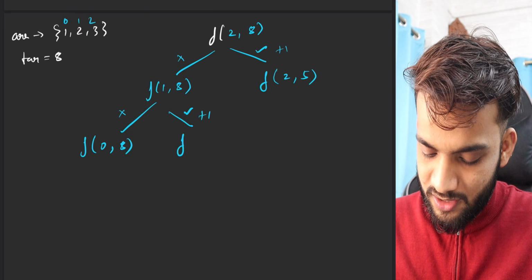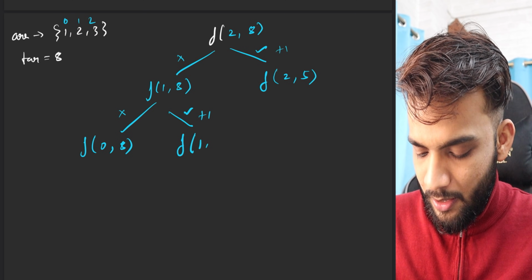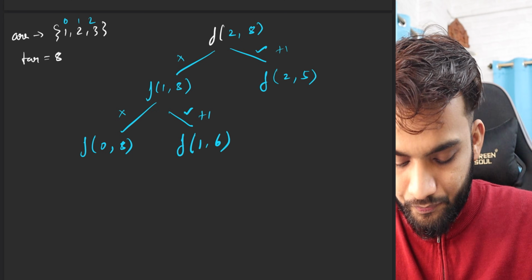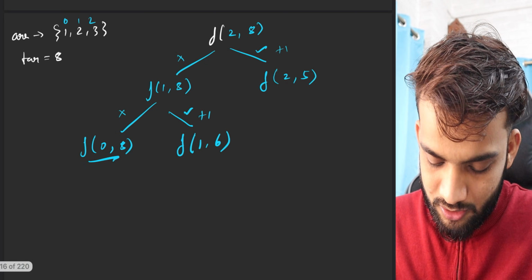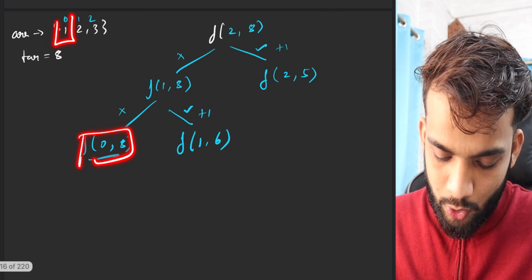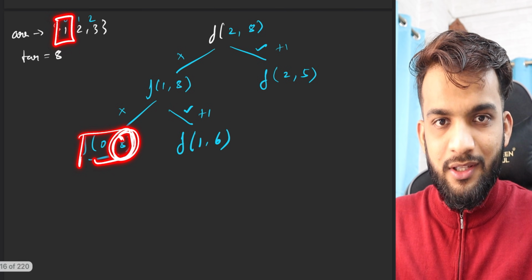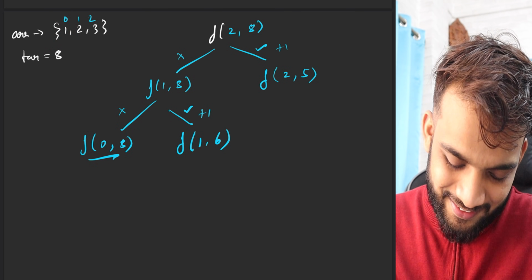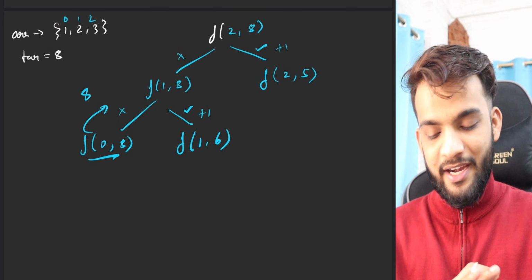So you still stand at index 1, but there is a reduction in the target you're looking for, 6. At f of 0, 8, you are looking for a target of 8. There'll be 8 coins required of denomination 1, right? So you return 8 coins.